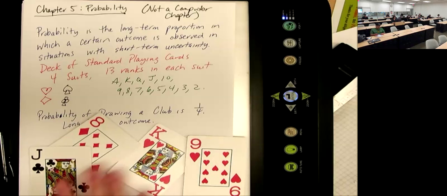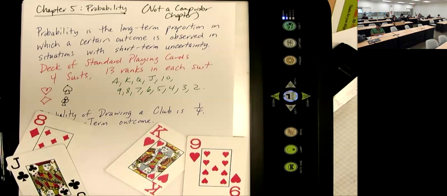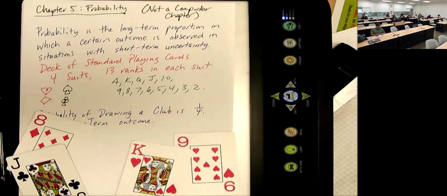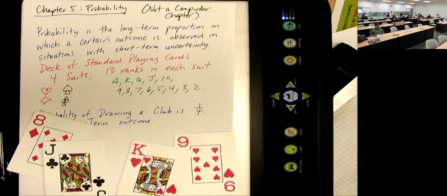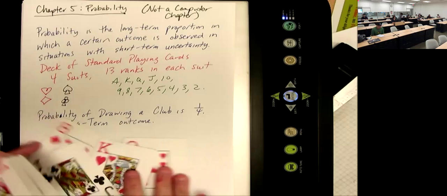Notice that this probability is the same for all the suits. But on the hearts, I got 2 out of 4, which would have been 1/2. And on spades, I didn't get any spades. So there's short-term uncertainty on what suit I'm gonna get. But in the long term, if you draw 1,000 cards, approximately 1/4 of them are gonna be clubs. That's what we mean by probability.